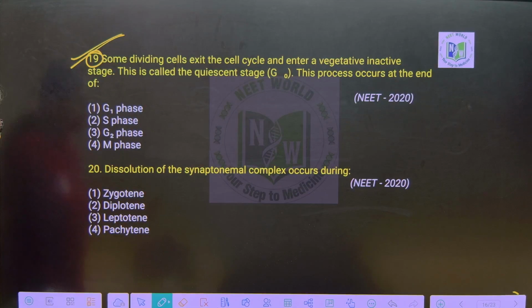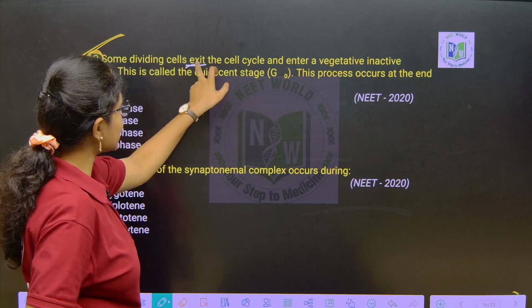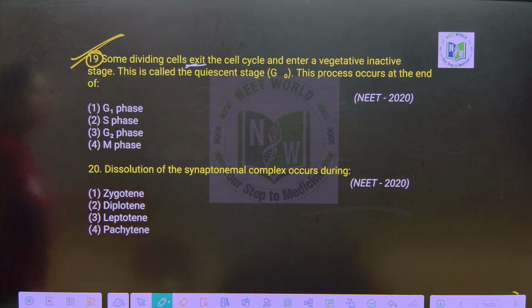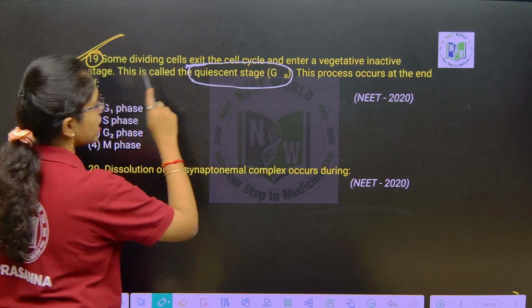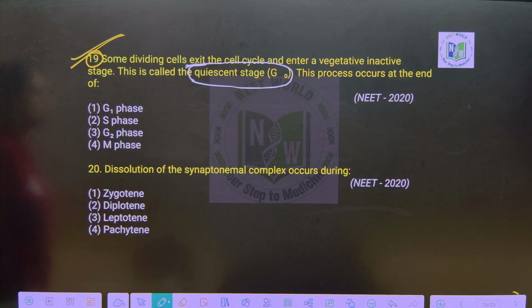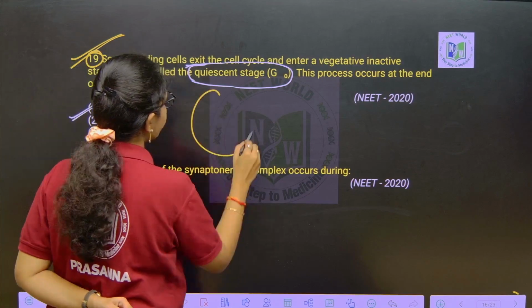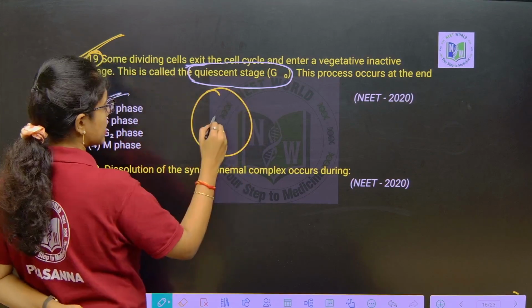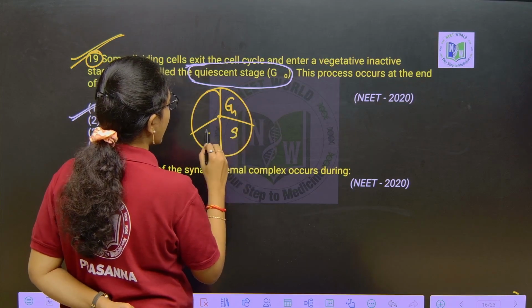Some dividing cells exit the cell cycle and enter a vegetative inactive stage. This is called the quiescent stage, and it occurs at the end of G1 phase. I will show you: in the complete cell cycle, we have interphase with G1, S and G2.